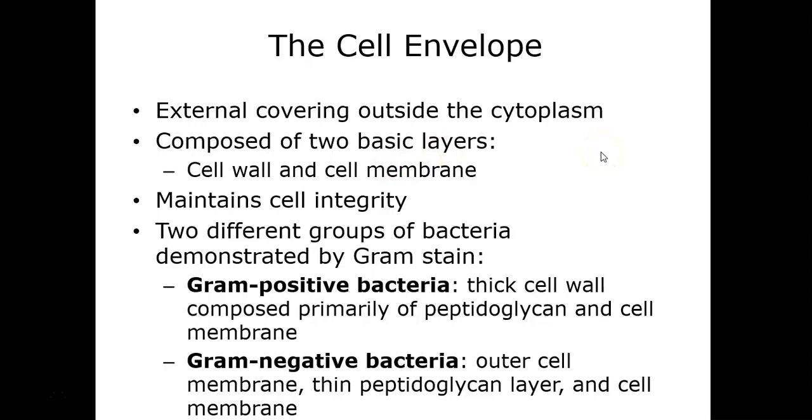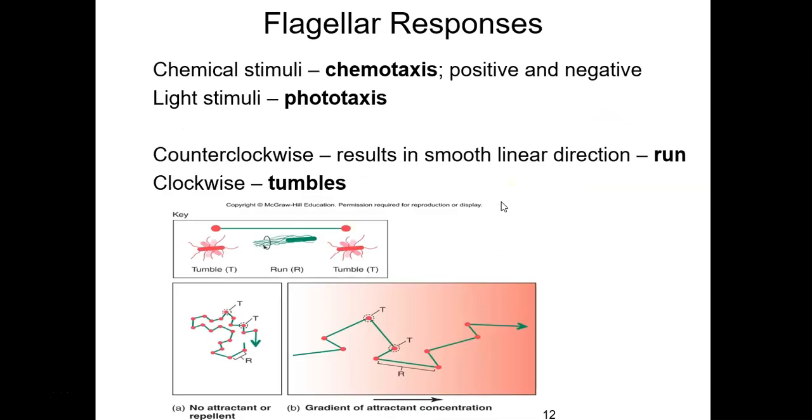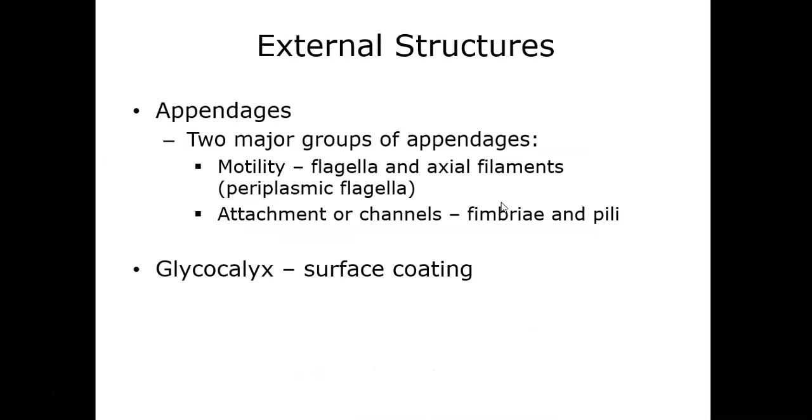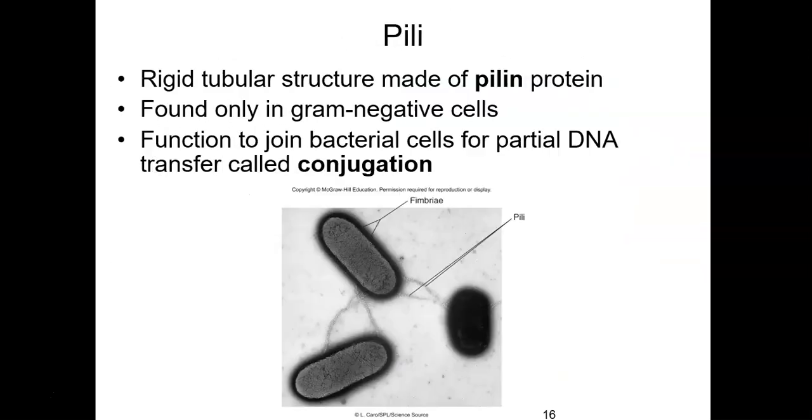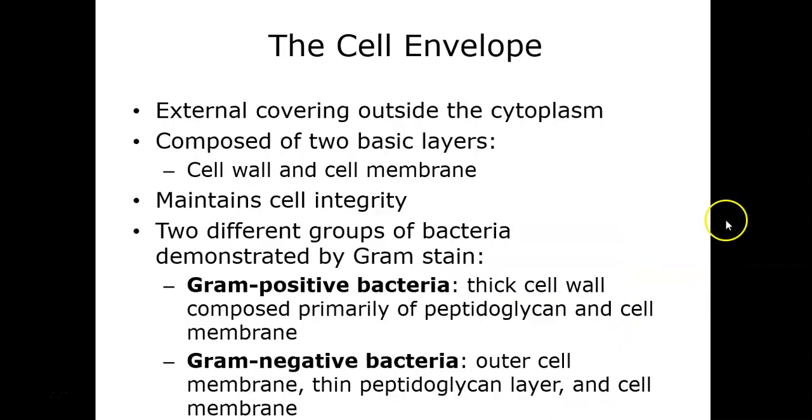When we talk about the next layer, so if I go back to our slide here, okay, now we're going in and we're starting to look at the membrane structure. So the membranes that are underneath this external coating, which could be the glycocalyx, either that slime layer or capsule, we're talking about what's known as the cell envelope.